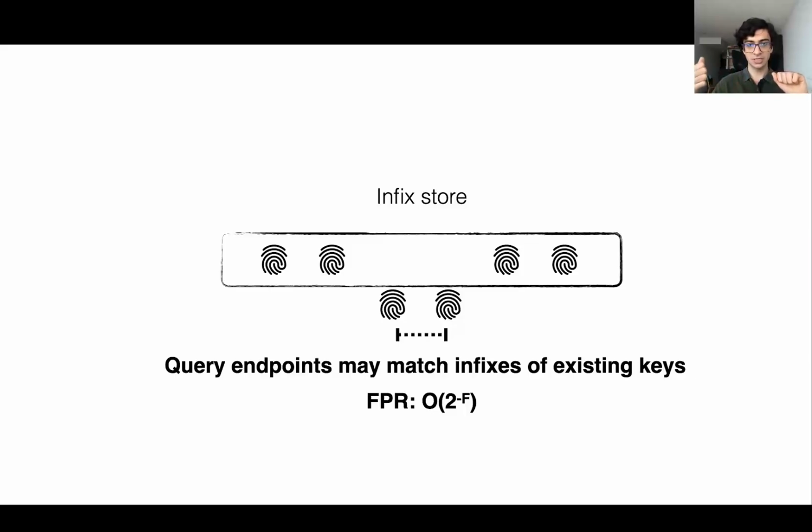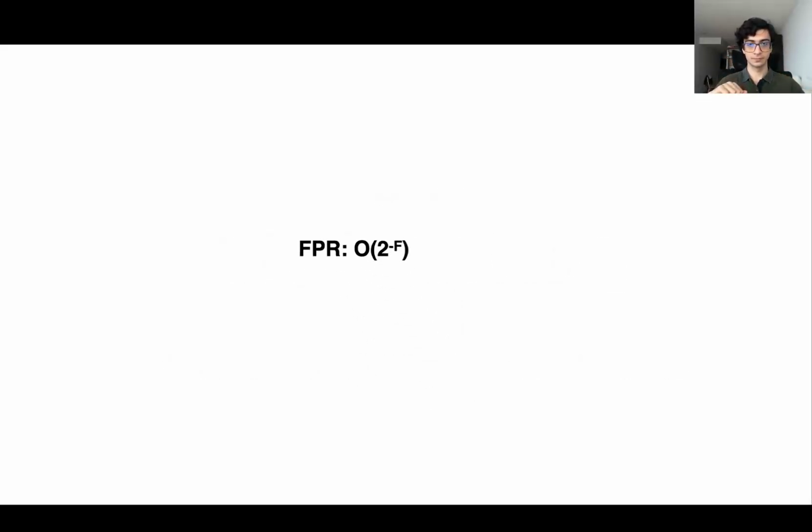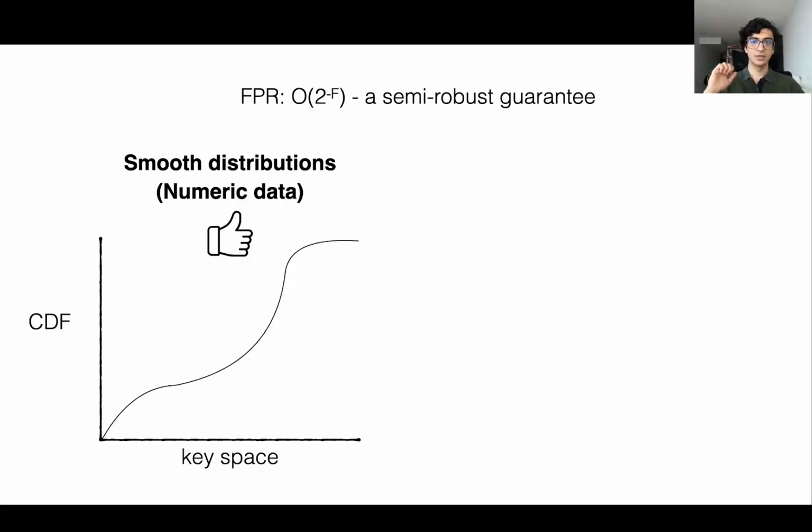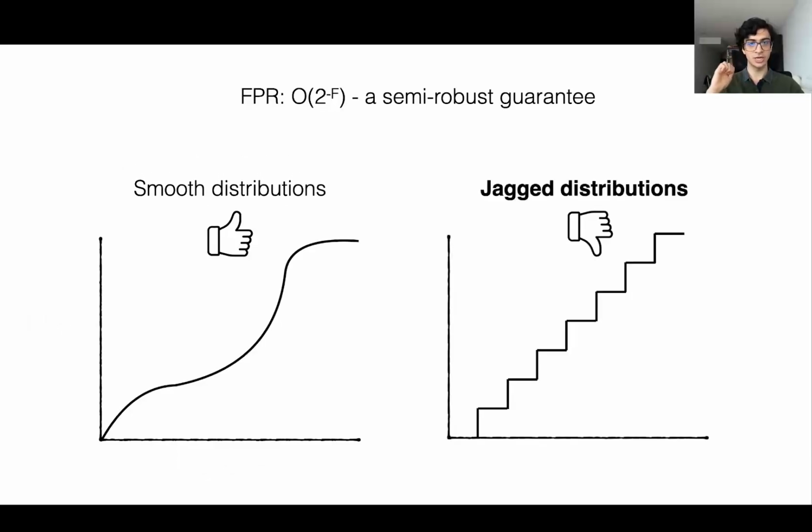And the probability of this happening is 2 to the negative f, where f is the length of the fingerprints that we're storing. This is because of the uniformity of the infixes in our infix store. Now, this guarantee is a bit different than the guarantees we're usually used to seeing, in the sense that it's not a worst case guarantee on the false positive rate, it's a semi-robust guarantee, which means that it holds really well for data that comes from a smooth distribution, so things like numeric data we're really happy with, but it holds less well with jagged distributions, like this one you see right here.